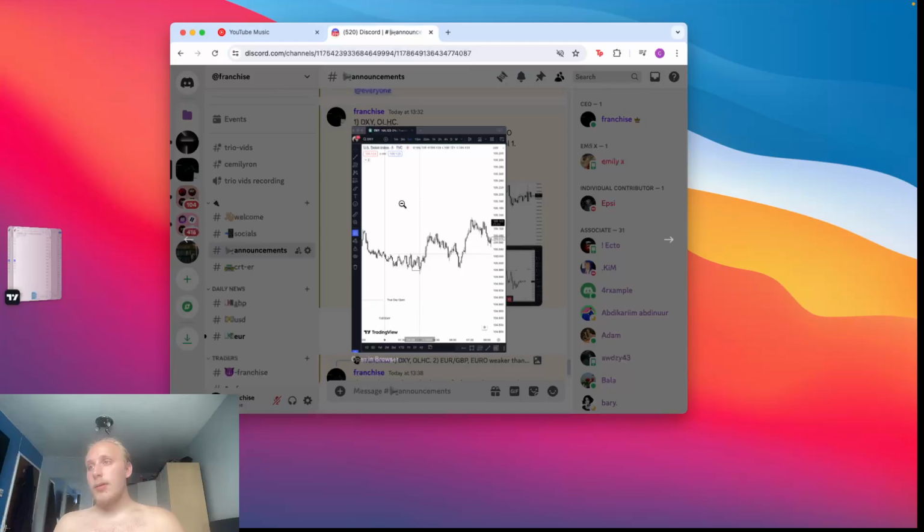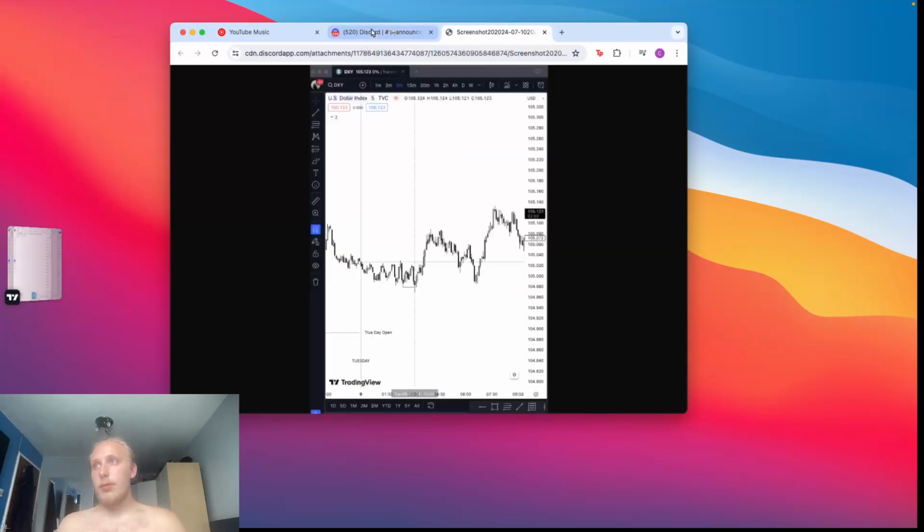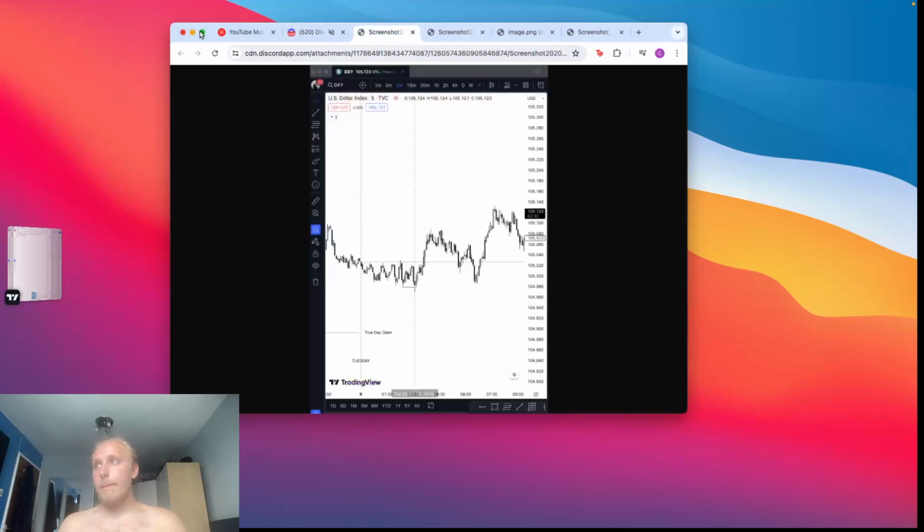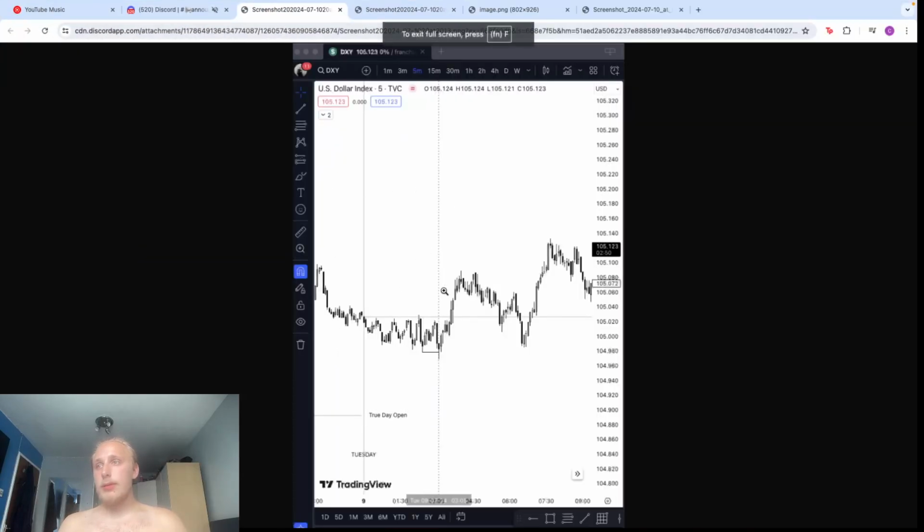So this is DXY. I'll put all these images up. This is DXY of the 9th. As we can see, we are open, low, high, and then close somewhere off here.